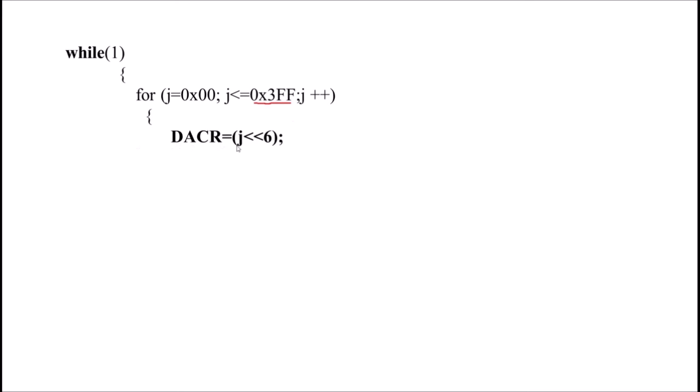So in the DACR register, whatever value of j is available, that will be shifted left by 6 bits because we want to initialize this digital value from the D6 bit to the D15 bit. And the for loop is completed because j is incremented by 1 every time and that value is shifted in the left direction and stored in the DACR register.